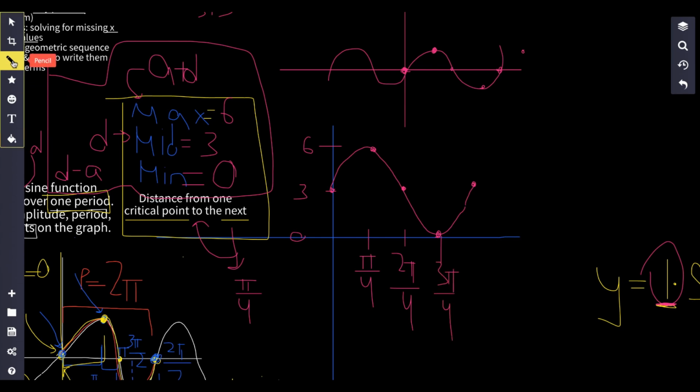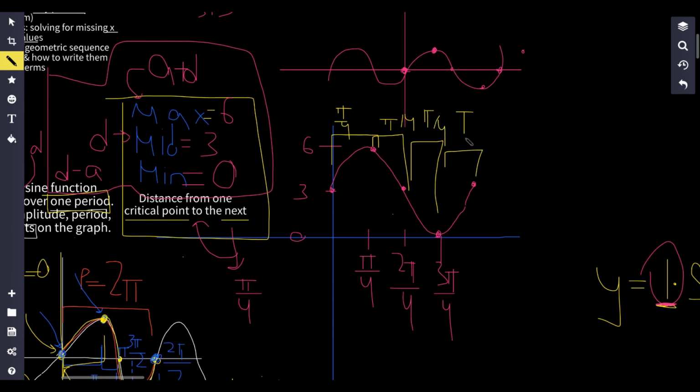So if we're going pi over 4 here, another pi over 4 here, another pi over 4 here, and then another pi over 4 here, then this coordinate right over here would just be pi over 4 plus pi over 4, which is 2 pi over 4.